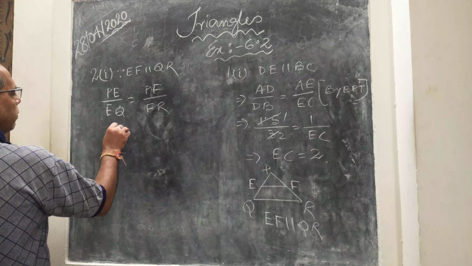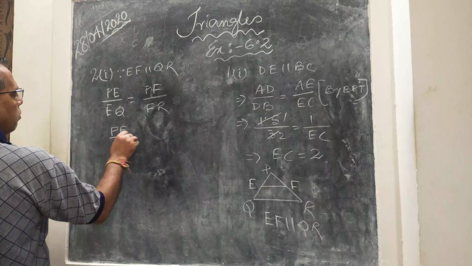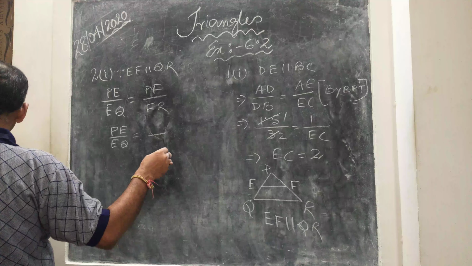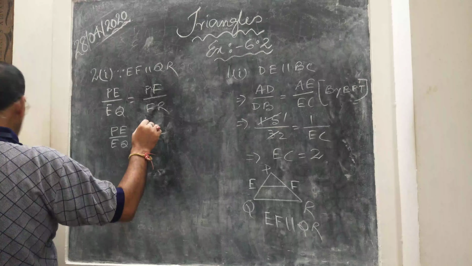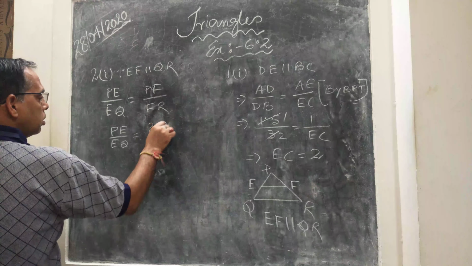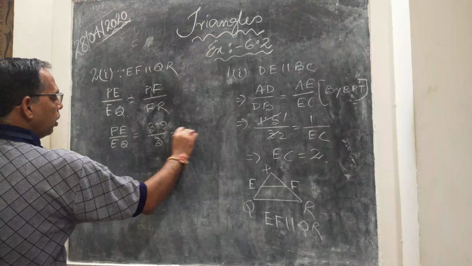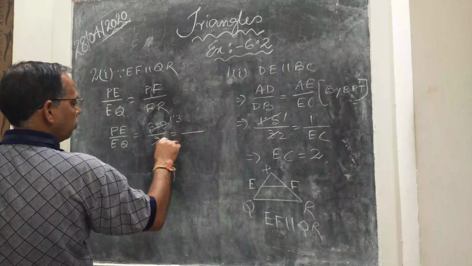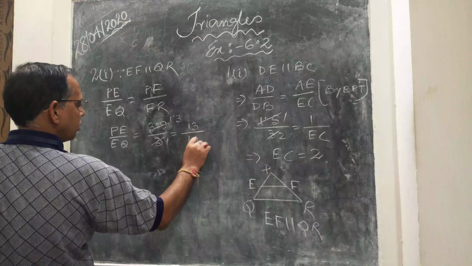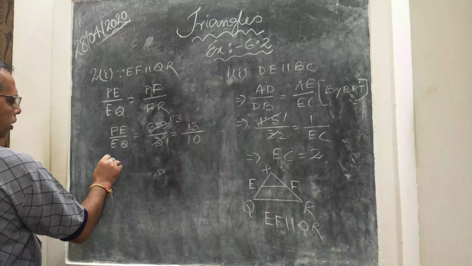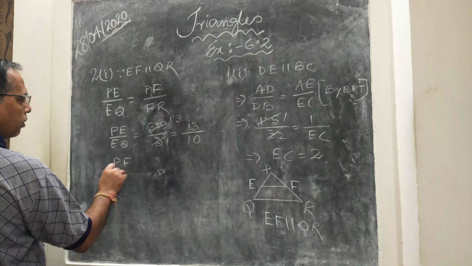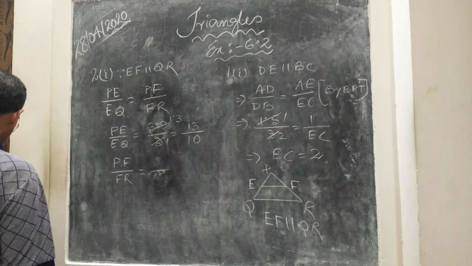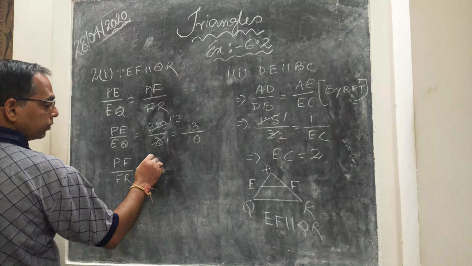So PE by EQ equal to what? 3.9 by 3, equal to 1.3 by 1, that means 13 by 10. Decimal came down. Then PF by FR equal to what do you see? 3.6 by 2.4.